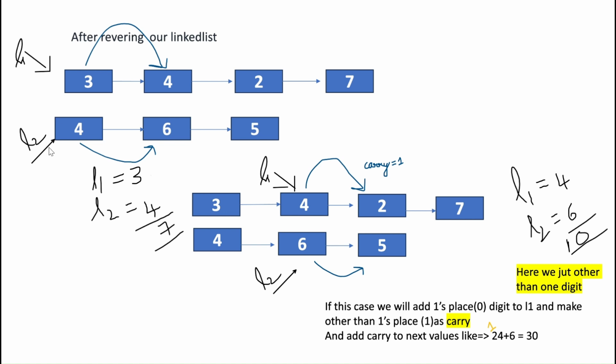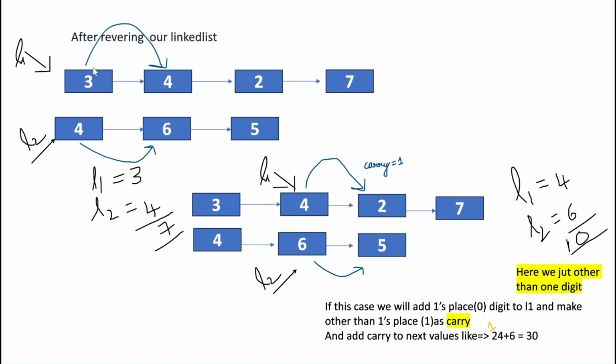L1 you can take or L2 you can take. I took L1 here and updated the L1 list with our answer. We don't want to take extra space by creating another result or sum linked list like that. Simply updating here, L1 plus L2 equal to 7.